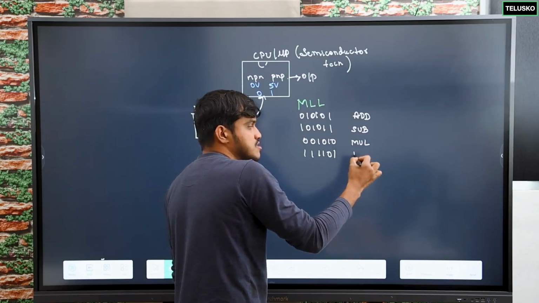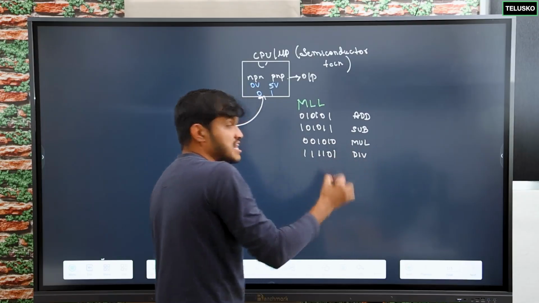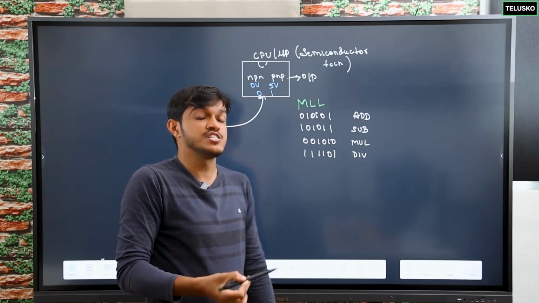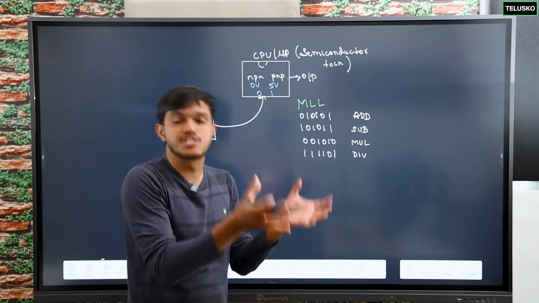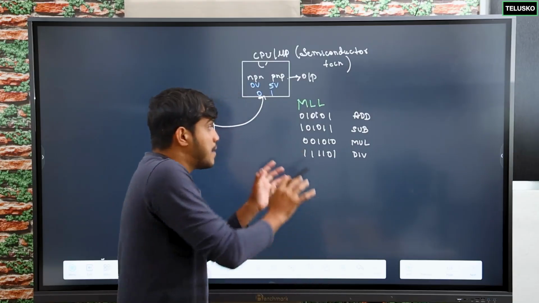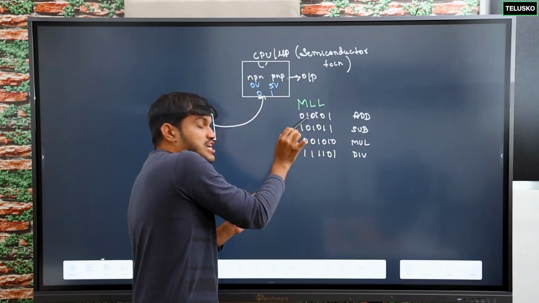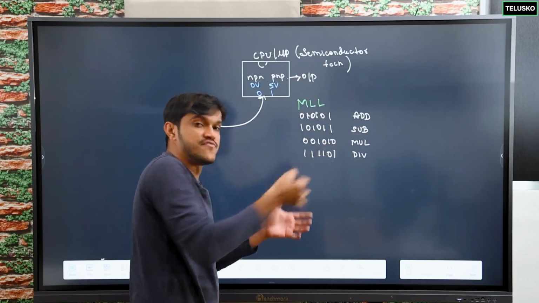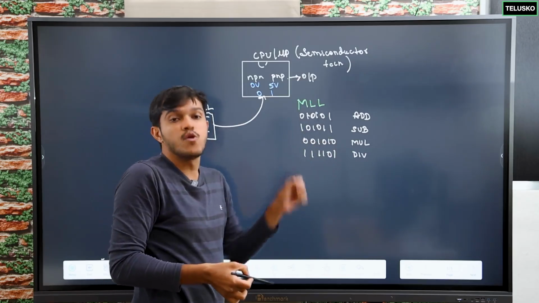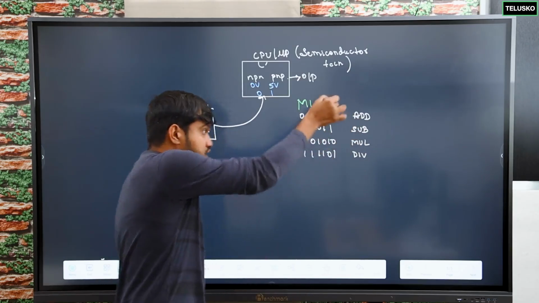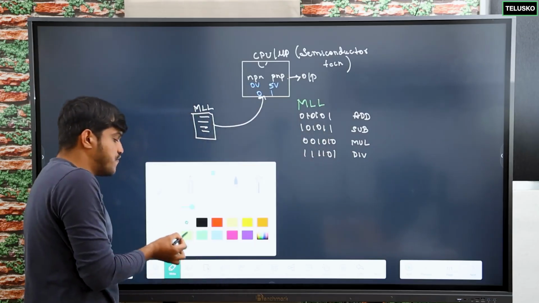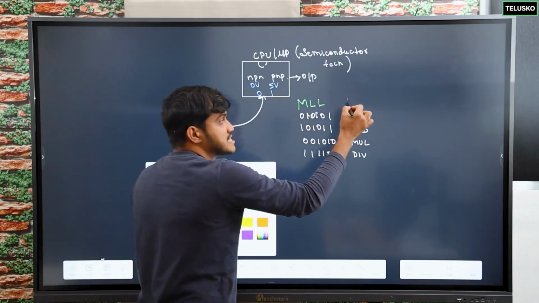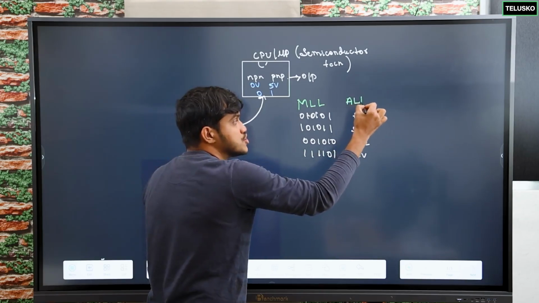For division, just div. In other words, writing instructions in the form of mnemonics. Fine. Now, comparatively, from machine level to mnemonics, which is better for humans? It is the mnemonics. And writing instructions in the form of mnemonics, we call that assembly level language.